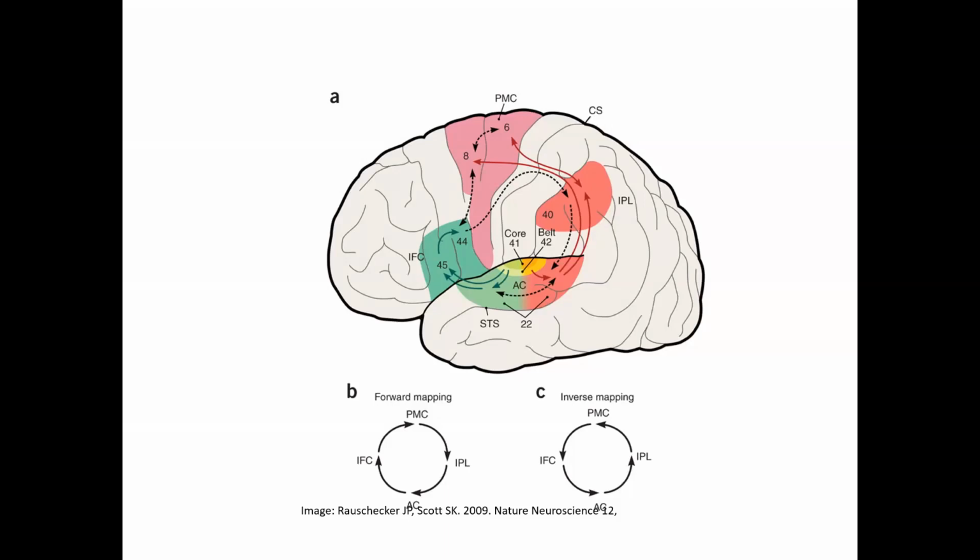This area is what's going to allow me to understand and replicate sounds, produce sounds, and understand what sounds need to be produced. This is the same area that gets disrupted when people who have dyslexia come into play. This is the same pathway that gets disrupted for people who fall on the autism spectrum disorder. This is the same pathway that gets disrupted for people who have stuttering issues.